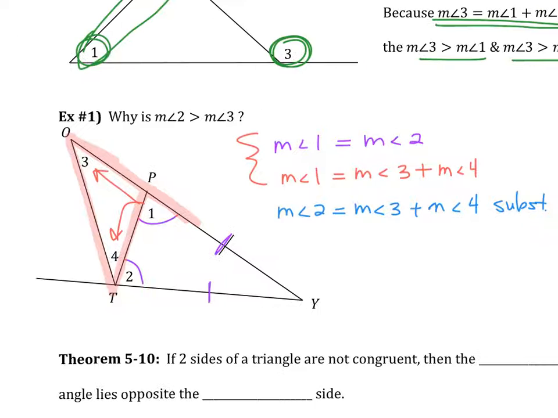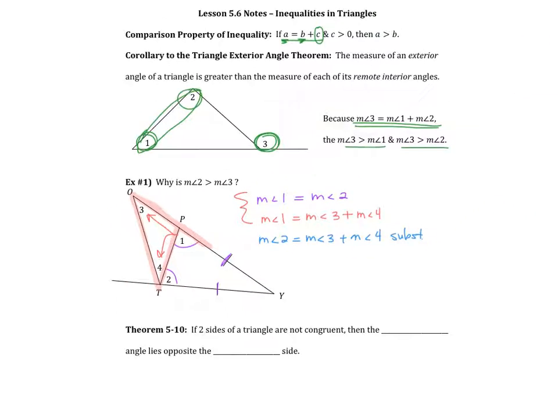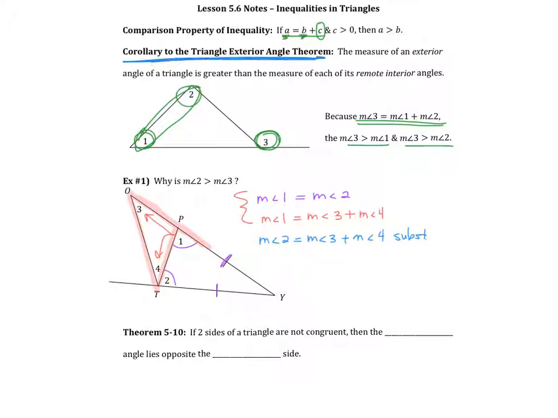So then this theorem that we just learned, this guy up here, the corollary to the triangle exterior angle theorem, says that if this is true, 2 equals 3 plus 4, then what is true? Angle 2 is greater than angle 3. Right.